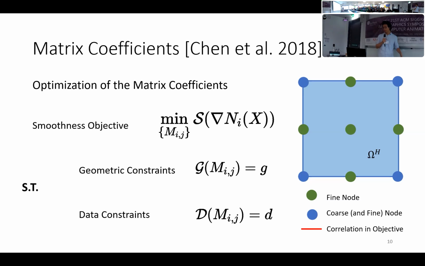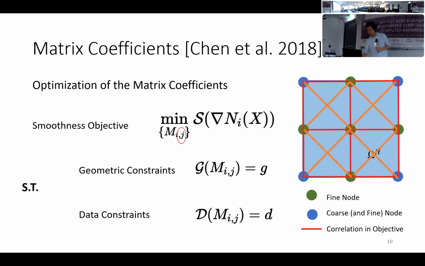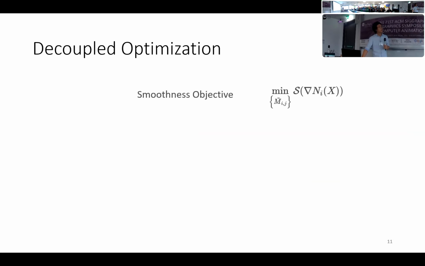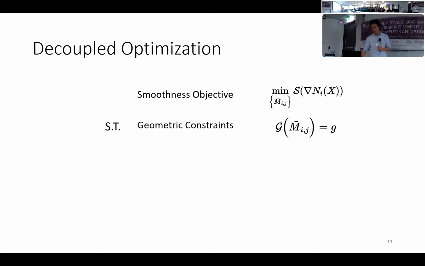In the smoothness objective, the matrix coefficients with different fine node indices are entangled. Therefore, it requires solving a large optimization problem, and it's impossible to run at runtime. And we propose our decoupled optimization here. Still, we use the smoothness objective, together with the geometric constraints.